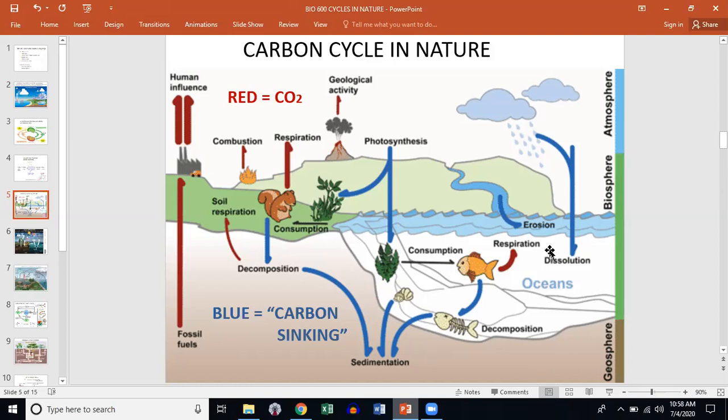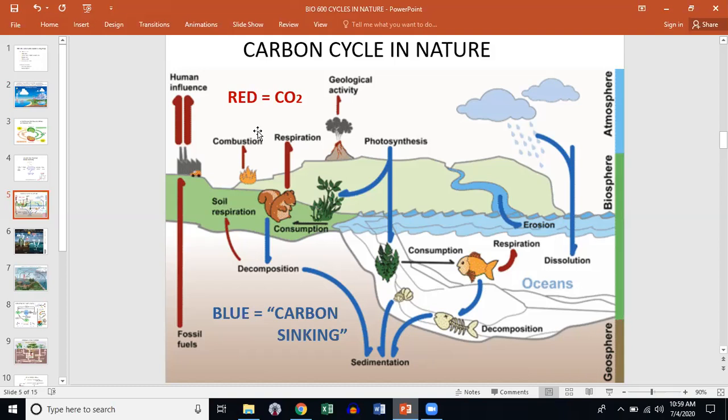Some of it is also dissolved in water, all right? But this carbon sinking is absorbing CO2 and literally trapping it into the earth, which has a cooling effect on the atmosphere. Whereas the release of CO2 into the atmosphere as gas has a heating effect.